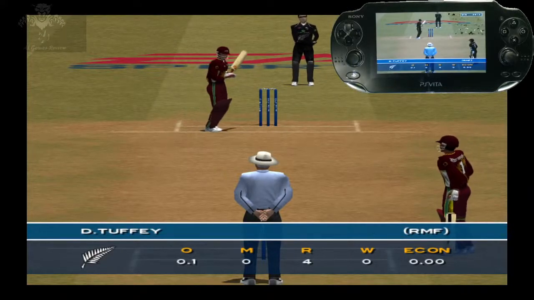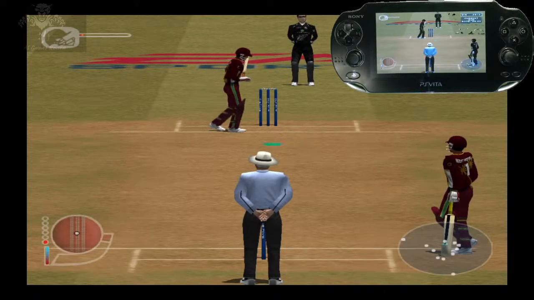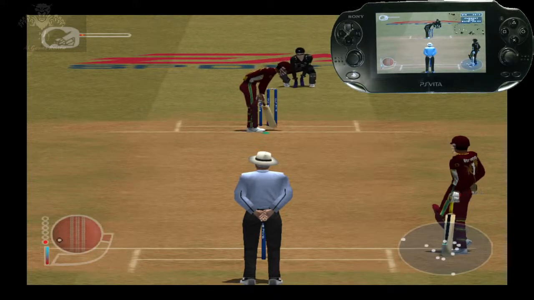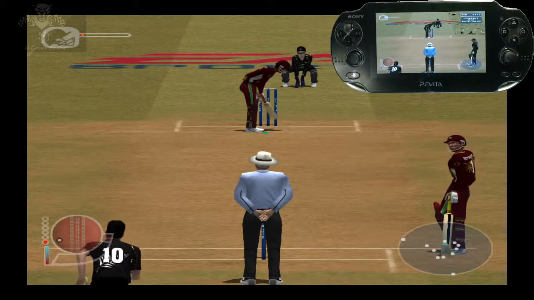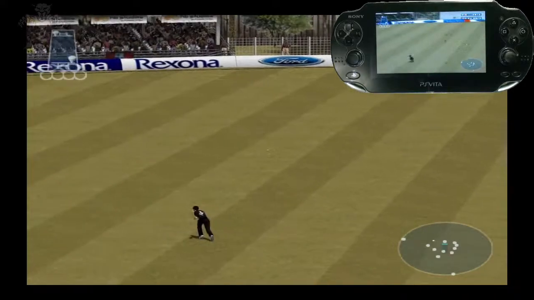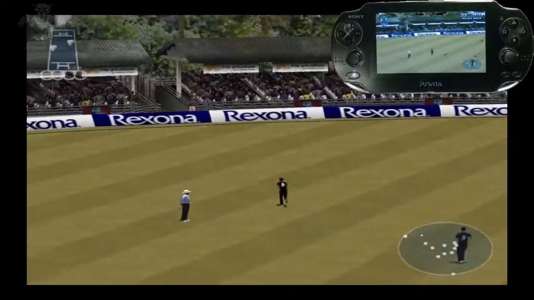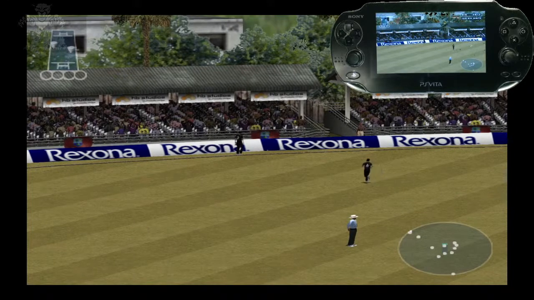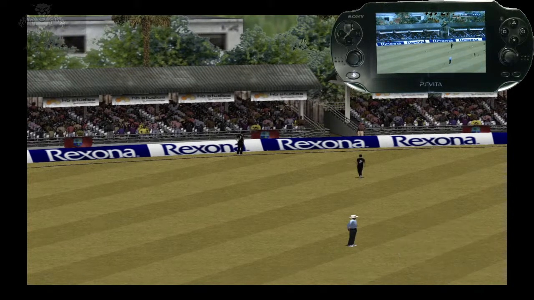Tuffey to Hines. Harris is not going to reach that. He picked the length quickly with that one. He loves the ball in that area. Great shot. Four runs.